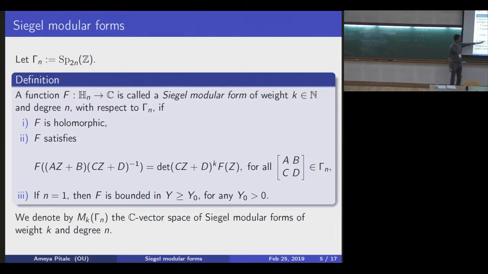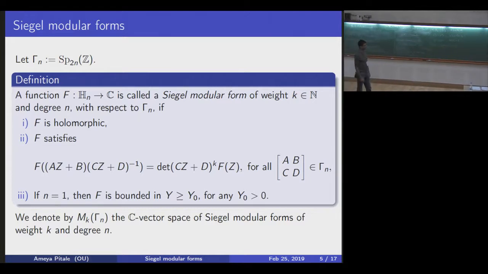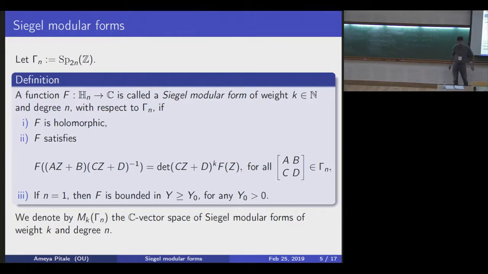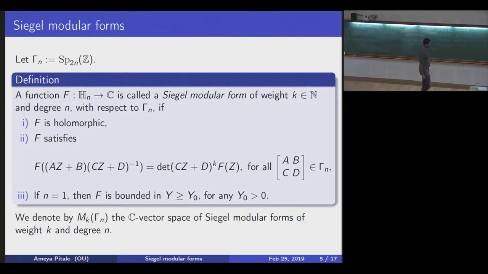And when n is equal to 1, you want it to be a bounded function as you go in the imaginary direction. This thing forms a vector space, and we denote it by Mk of gamma n. You can see this is the generalization of the elliptic modular forms we have been seeing in the previous lecture.